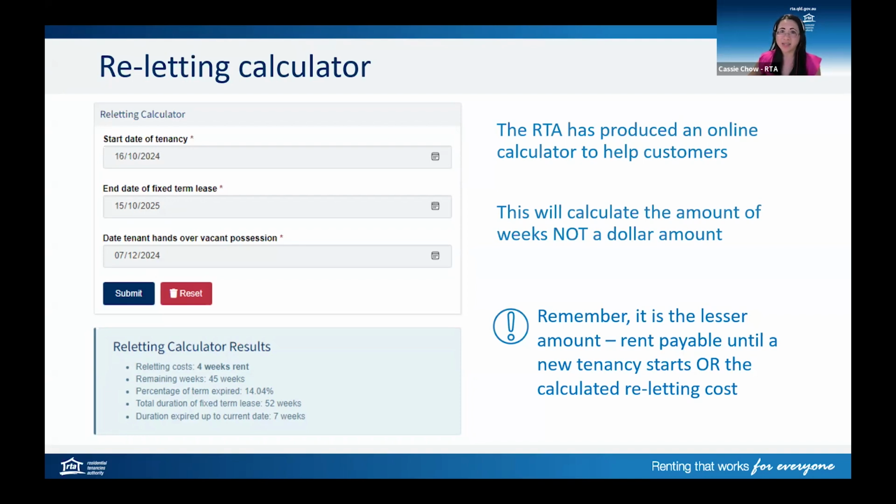It's up to parties in the tenancy to follow the legislation and thereby calculate the reletting cost. Remember, it's the lesser amount. When an agreement is ended early without grounds, it's the rent that would be payable until a new tenancy starts, or the calculated reletting cost based on how much of the fixed term has expired when the tenant vacated.